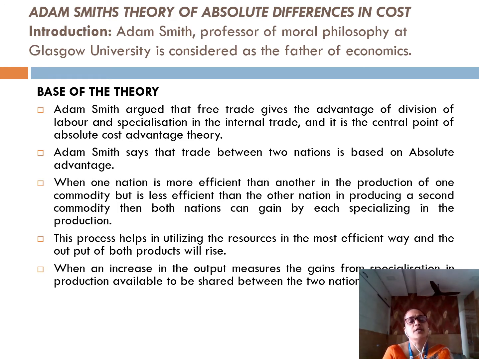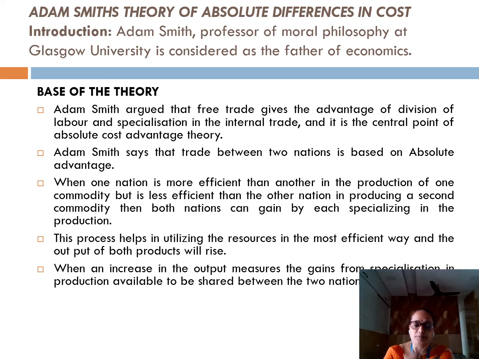Secondly, the theory is based on two nations trading and on absolute advantage. Next, a nation specializes in the production of one commodity, the same commodity in which the other nation is not specialized.